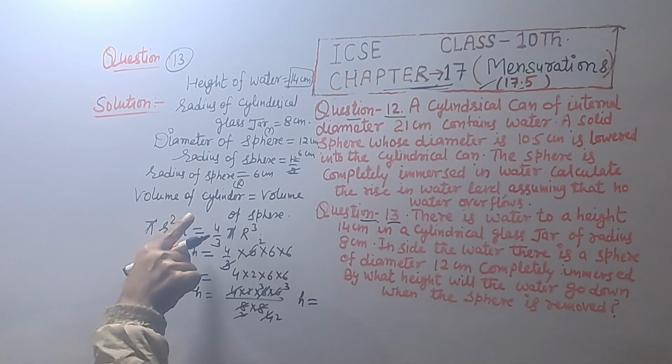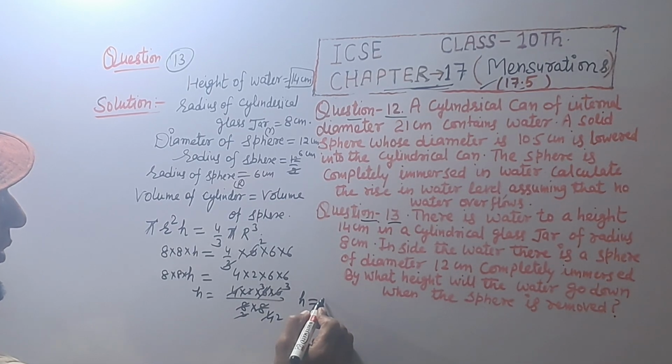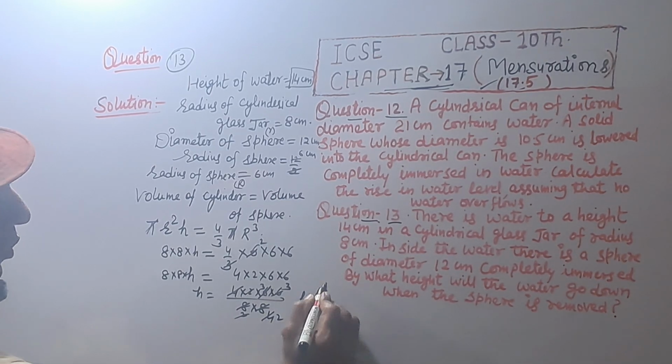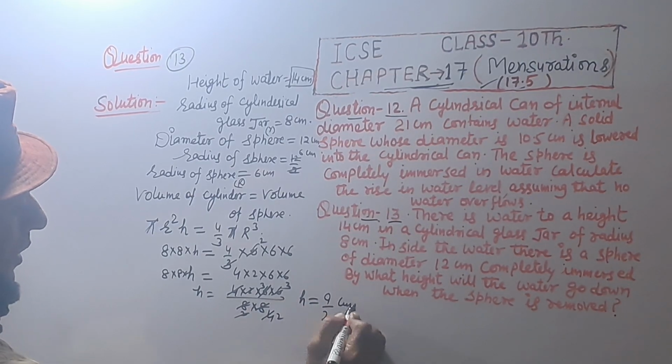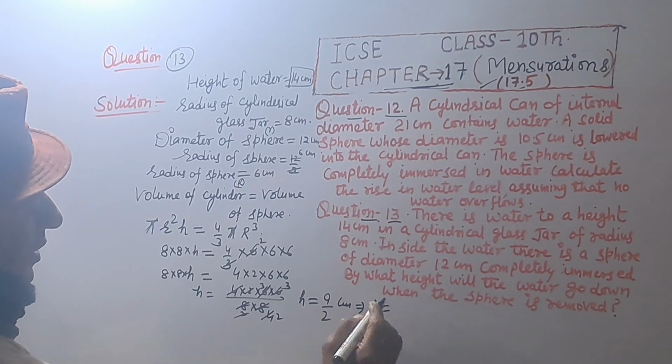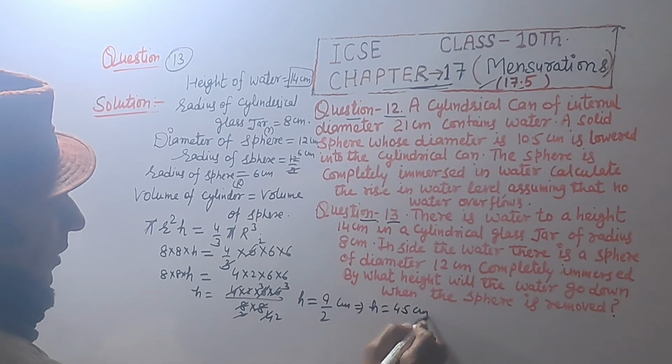Height of cylinder is equal to 9 upon 2 centimeter, which implies h is equal to 4.5 centimeter.